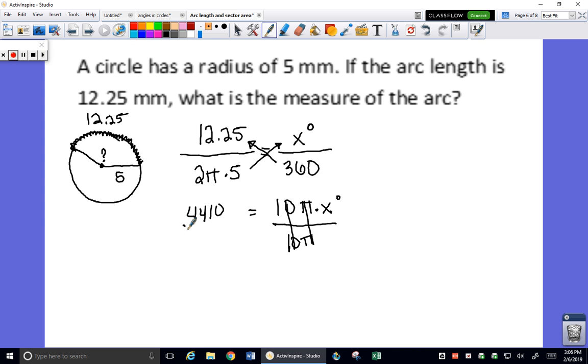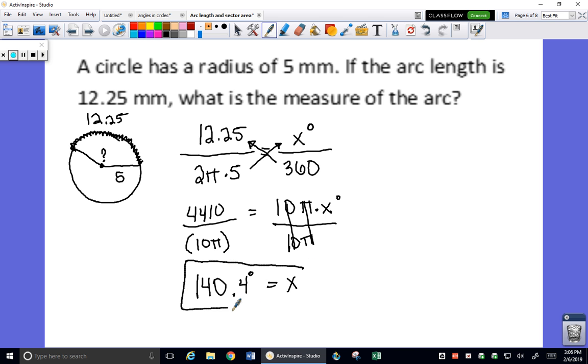Now if you're going to do this in your calculator, I would advise you to put parentheses around it so that your calculator knows you're dividing by 10 times pi rather than just dividing by 10 and timesing by pi. The calculator has a tendency to forget about that sometimes. So 140.4 degrees would be the angle that gives you a 12.25 millimeter length with a radius of 5.